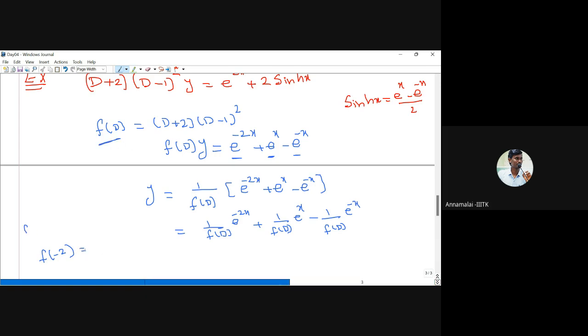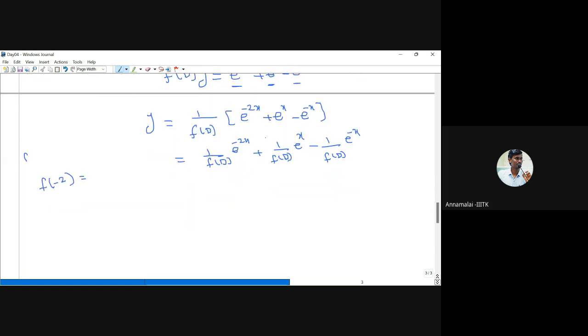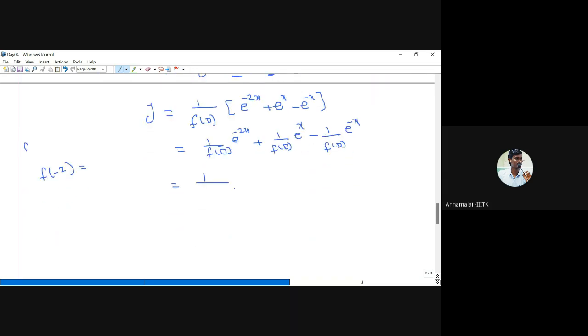Substituting D equal to minus 2, we get 0. So maybe simply we can write this as 1 by (D plus 2)(D minus 1) square into e power minus 2x, plus 1 by (D plus 2)(D minus 1) whole square into e power x, minus 1 by (D plus 2)(D minus 1) whole square into e power minus x.